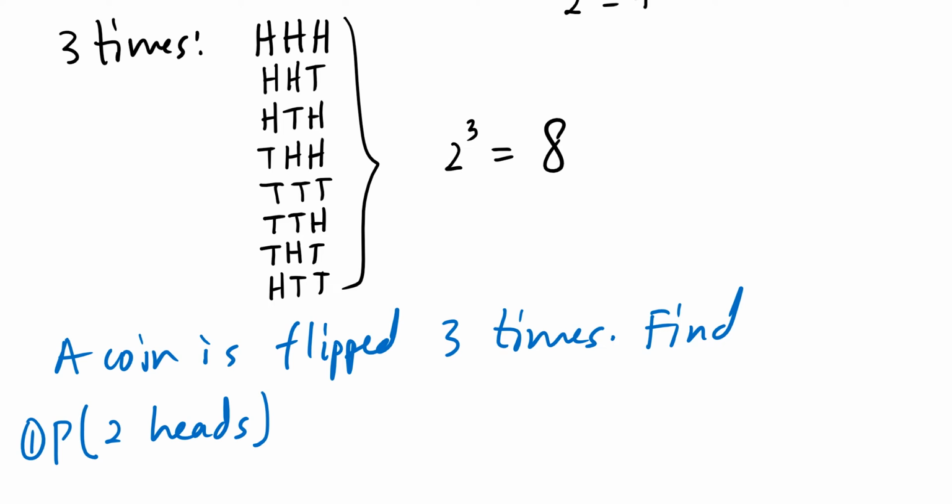Okay, 2 heads. Well, let's look at this list. We know the total is 8. Getting exactly 2 heads, where are they? 1, 2, 3 of them. Do you see that? So 3 of them have 2 heads. So the probability is 3 out of 8.